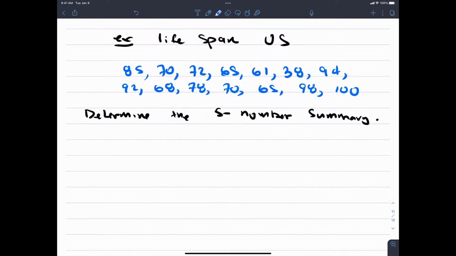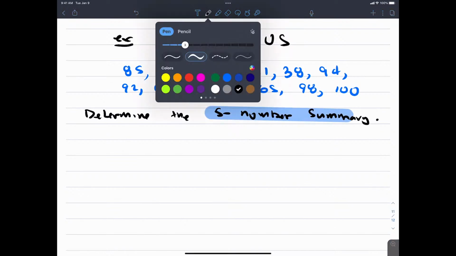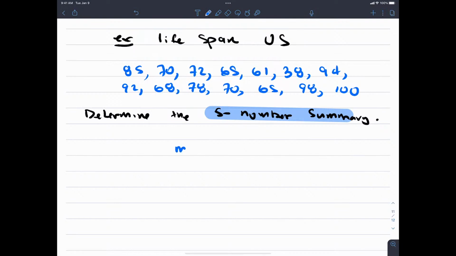Do you guys know the definition of the 5 number summary? Say yes. What is it? Minimum, Q1, Q2, and Q3, and then what? So you're going to have to use the definition to get the 5 number summary. This is kind of like what you'd have to do on your homework.